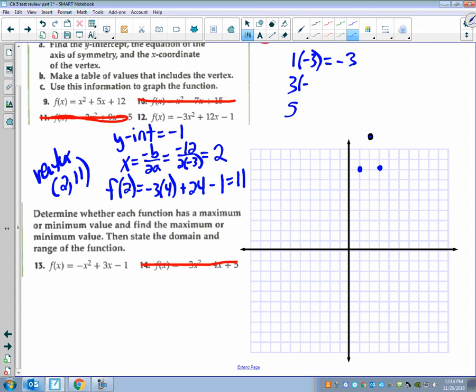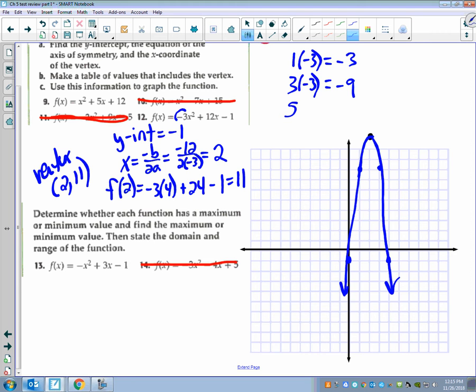And instead of going over 1 and up 3, I would actually go down 9. So over 1, down 1, 2, 3, 4, 5, 6, 7, 8, 9. And then it would flip over this way. And if you notice, that was my y-intercept down here at -1.